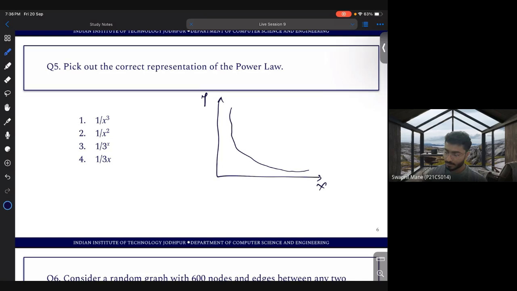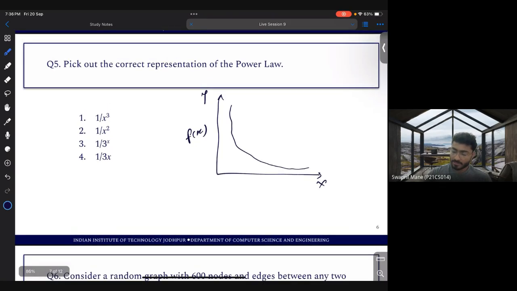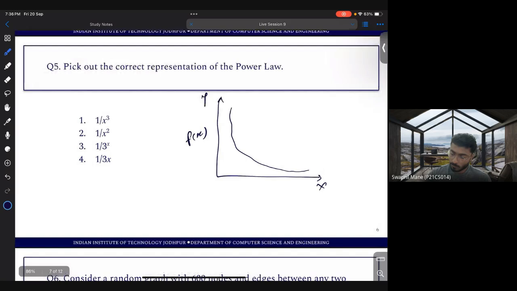Here x is represented on the x-axis, and we have f of x as a function on the y-axis. So how are we achieving this graph? If f of x is inversely proportional to x, right? If this is true, how do we get the graph?